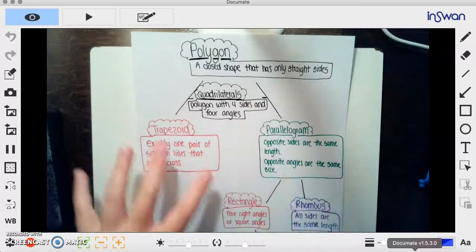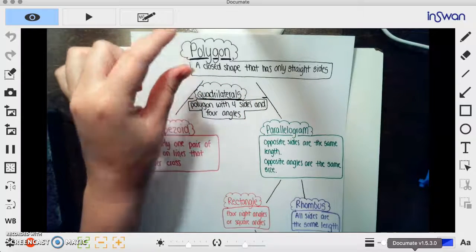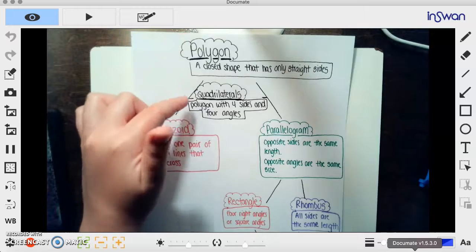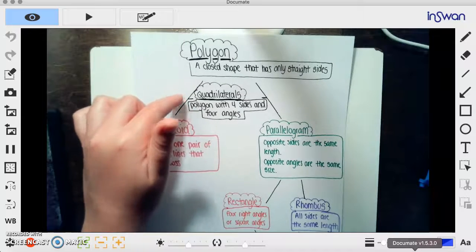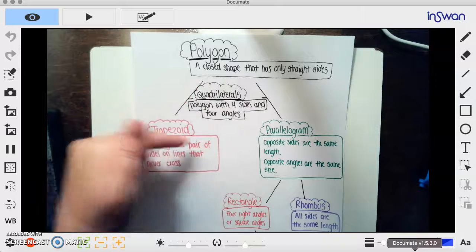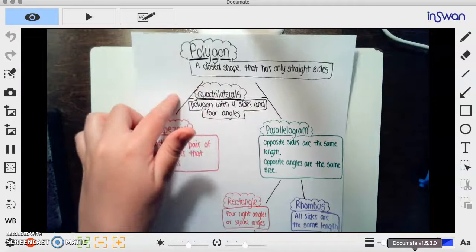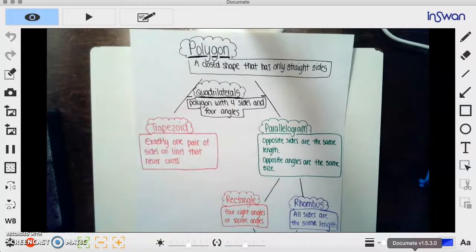So all of these below all fit under the category of a polygon. Now under polygons we have quadrilaterals. So everything that we're talking about here fits under a quadrilateral. So quadrilaterals are polygons with 4 sides and 4 angles.